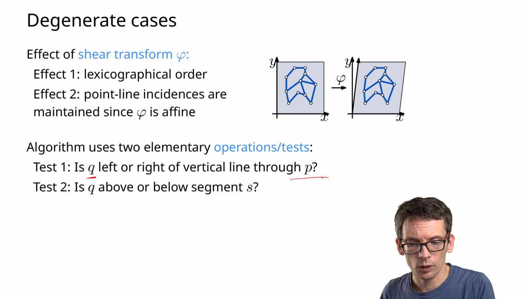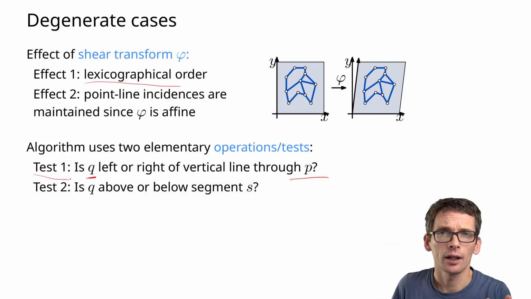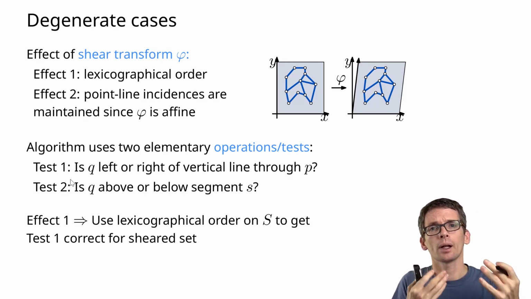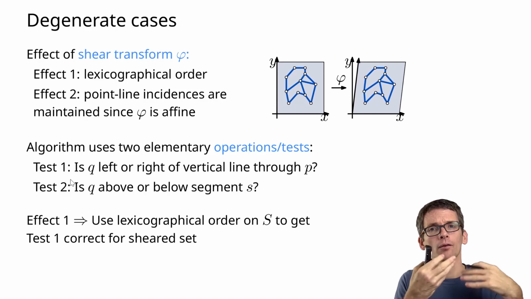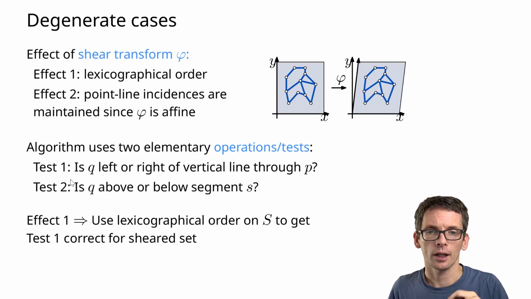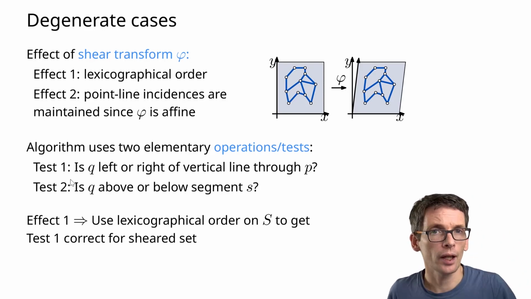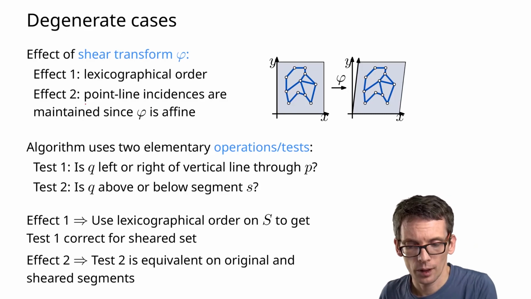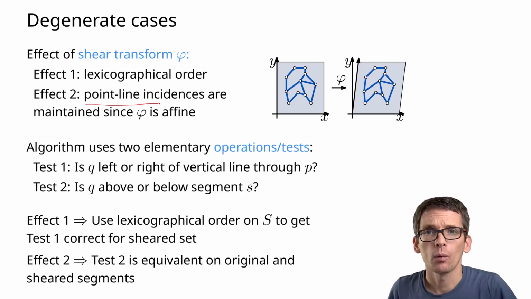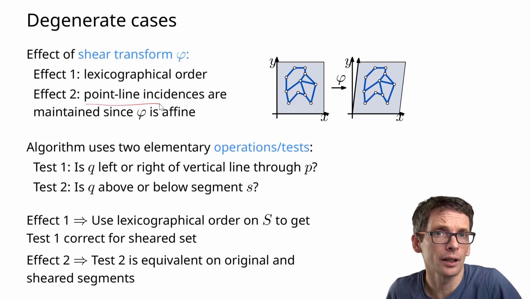If we do test 1 using the lexicographical order, we will have this test correct for the setting where we would have applied the shearing transform. Since we keep point-line incidences, the above-below relation will also still be the same. So the second test will also be answered correctly.